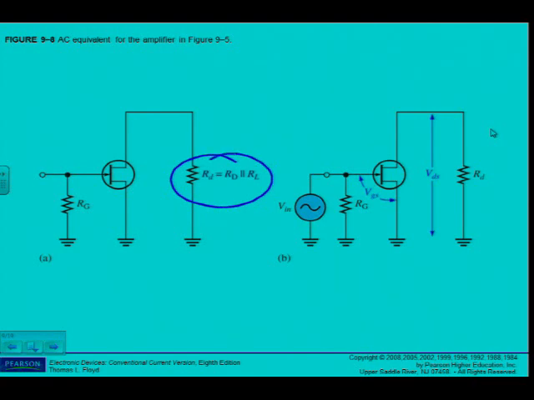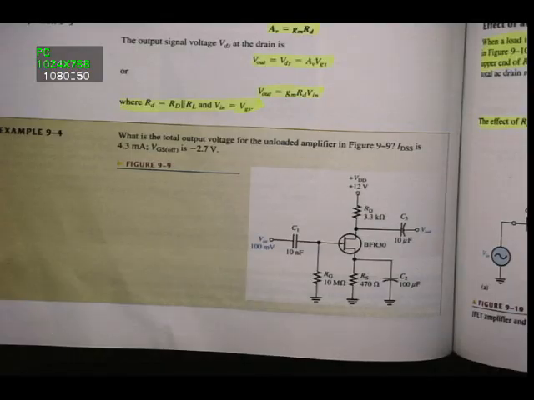Then I have to calculate Rd (lowercase d subscript), which is RD in parallel with RL. And of course, you can already imagine, as we will see just now, that it has an influence on the voltage gain. Okay, the AC equivalent circuit is shown in figure 9.8a.